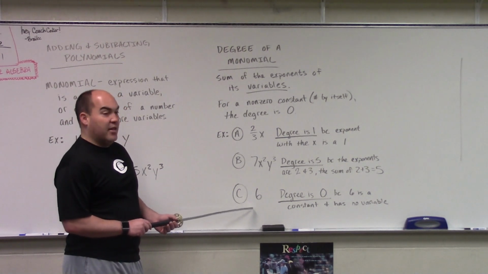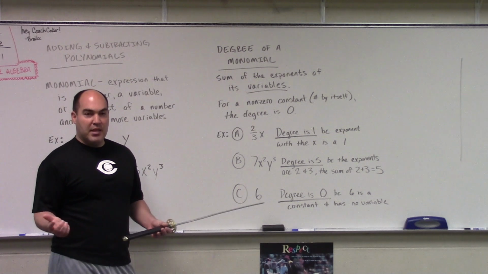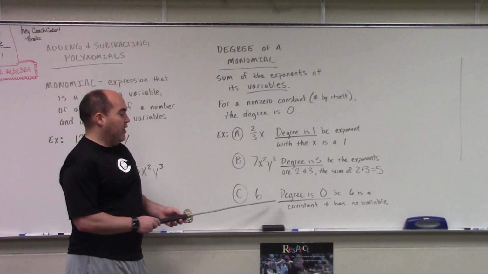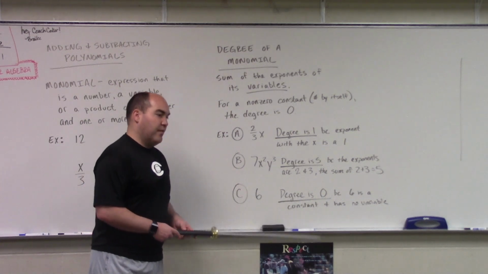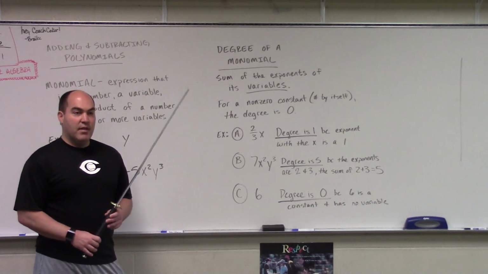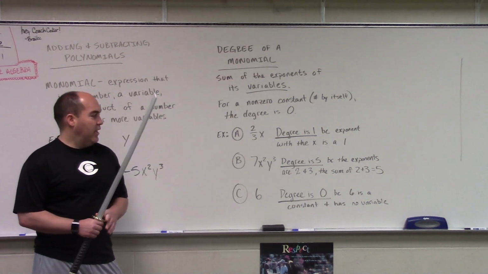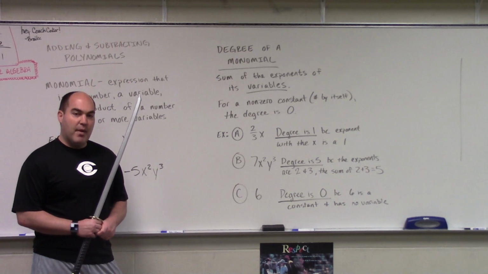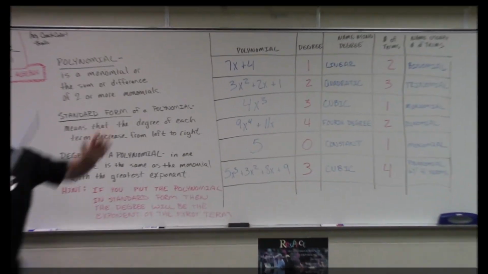So if there's a 6 here, or any whole number, could be positive, could be negative, if there's not a variable with it, then the degree is going to be 0. Okay? Hope that is sufficient. I'll be back in just a second with some more to this lesson.